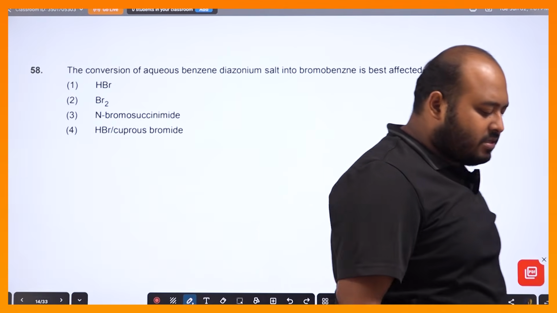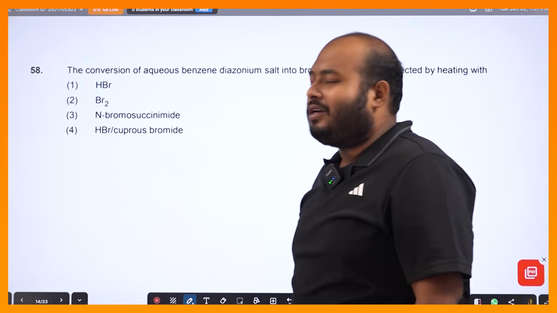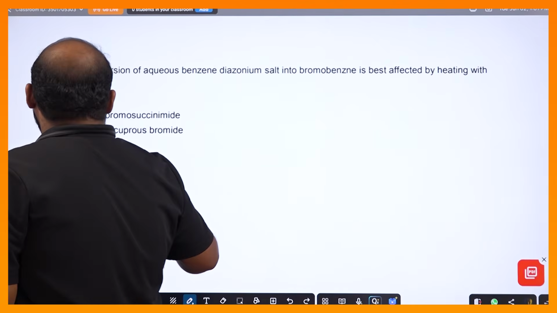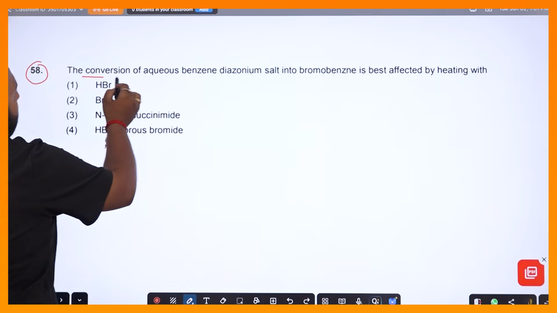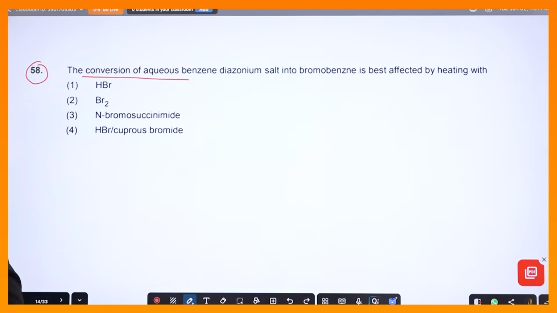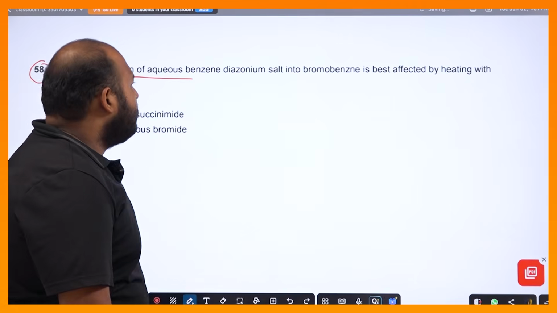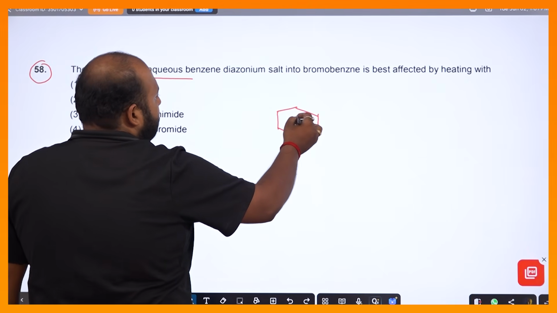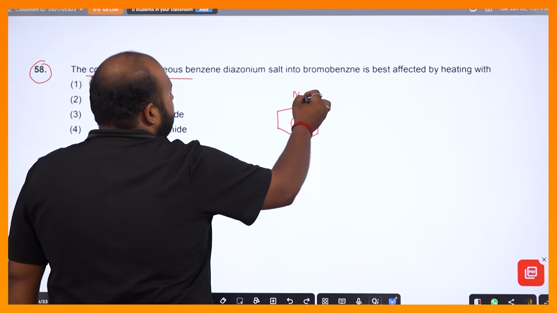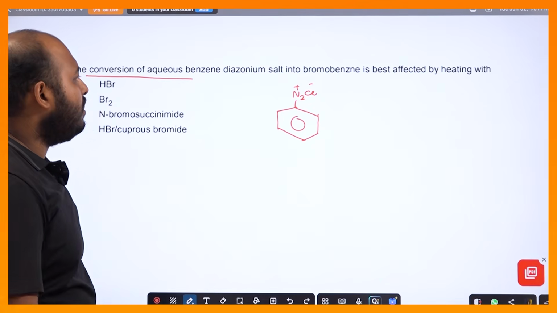So our next question, again, is from organic, from the amines chapter. This is a very easy question. The case is the conversion of aqueous benzene diazonium salt, which is N2+ Cl-.